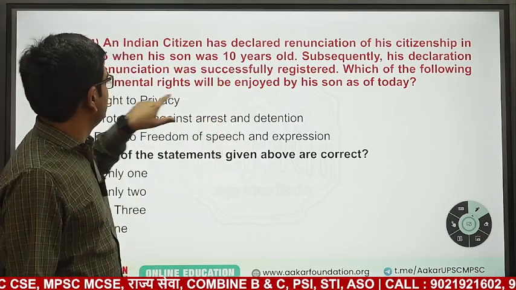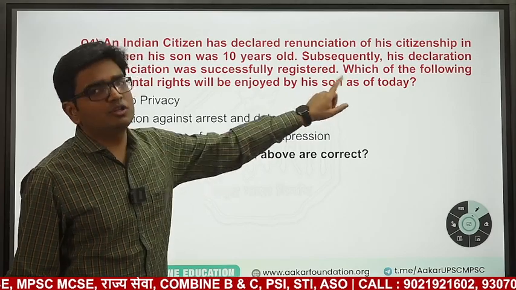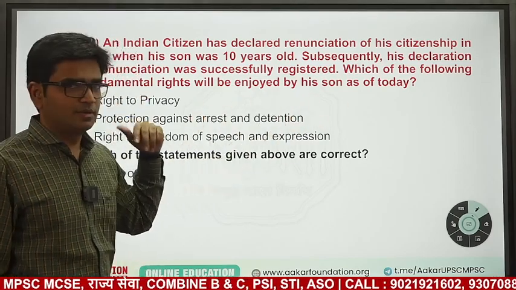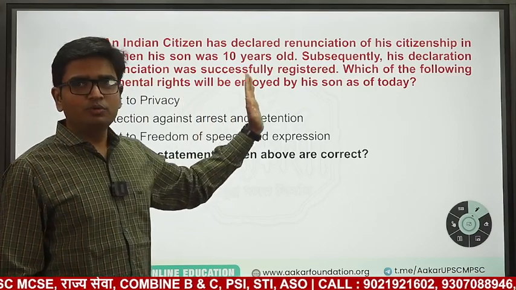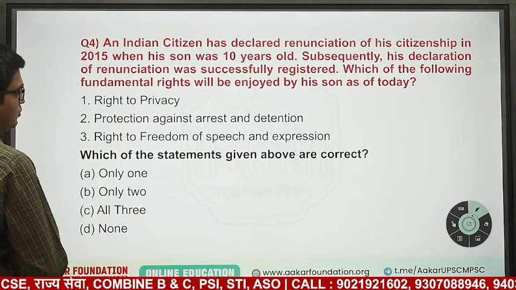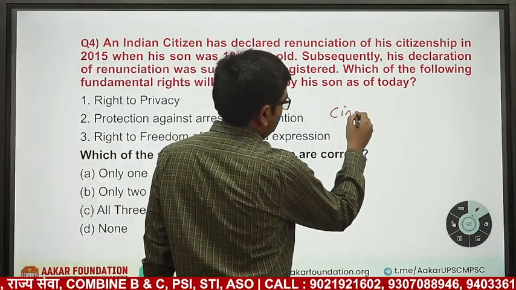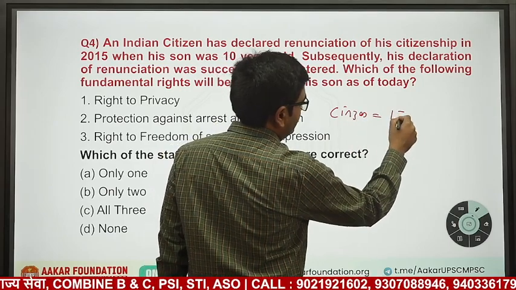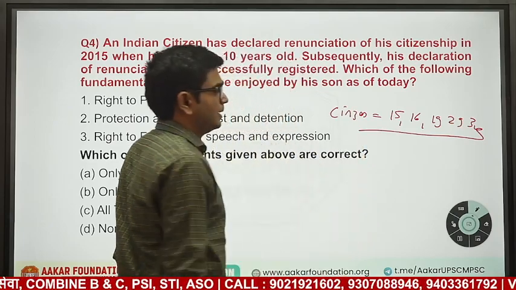Now we need to check which fundamental rights will be enjoyed by his son, who is not a citizen of India, basically any person. So we need to check which fundamental rights are applicable to all persons and not only to citizens. I have already told you, Articles 15, 16, 19, 29, 30 are applicable only to citizens.